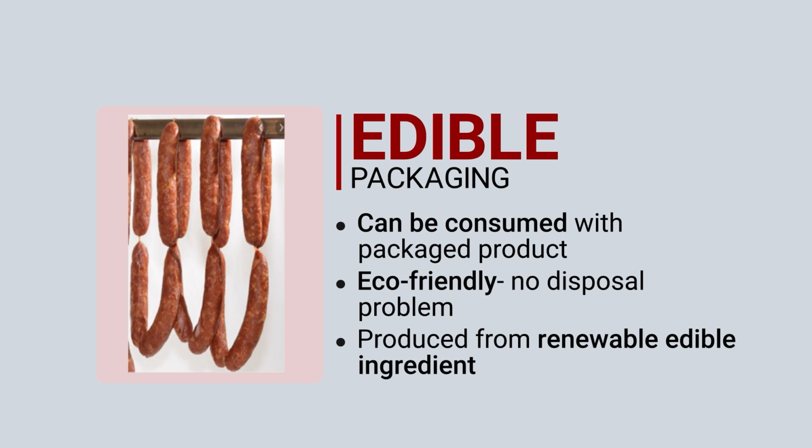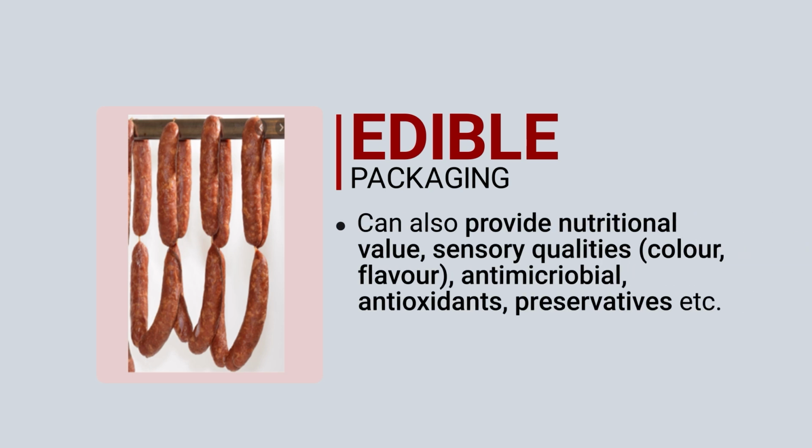So these are edible packaging, these are eco-friendly, with no disposal problem, and are produced from renewable edible ingredients. They can also provide nutritional value, sensory qualities, color and flavor to the product. We can also add antimicrobial agents, antioxidants or preservatives to the edible packaging material, and it can be used in the form of films or coatings.